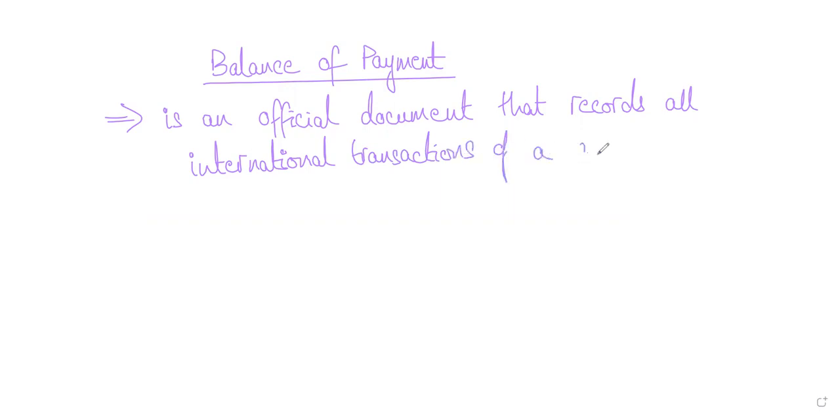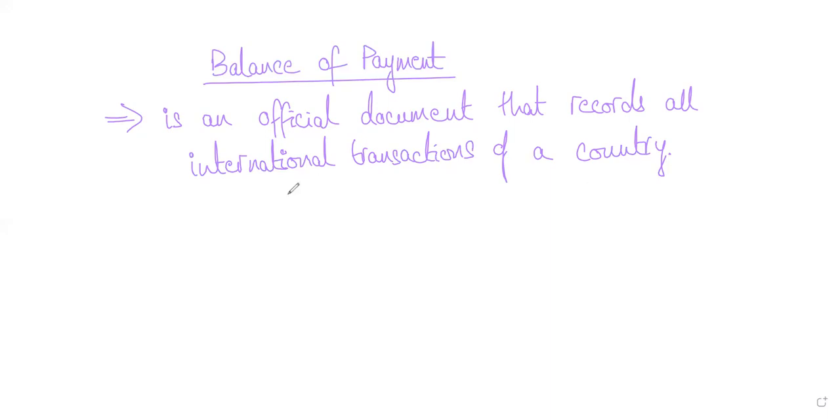Now, what we have discussed so far is that just like there are different financial statements, and all businesses make their financial statements in the same format, similarly, balance of payment is an economy level, country level document that is obviously, as the word suggests, official. It is an official document that records all international transactions of a country, right?